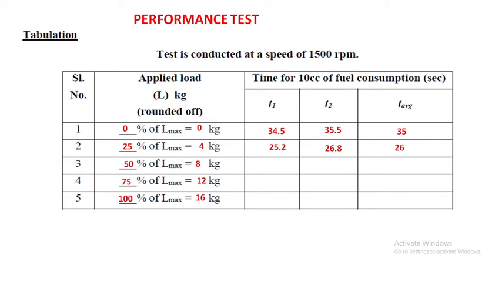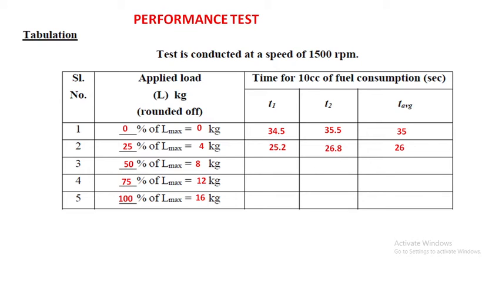One more thing: based on your requirement, you can measure the fuel consumption for 10 cc or 5 cc. Most of the time we use 10 cc fuel consumption. In case you use 5 cc of fuel consumption, you may measure the time taken accordingly.